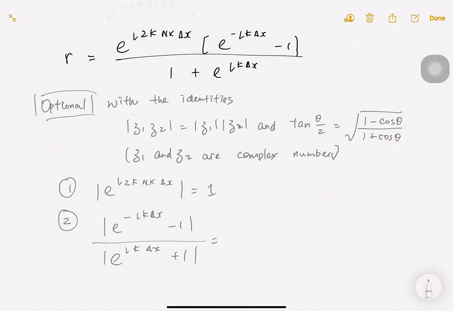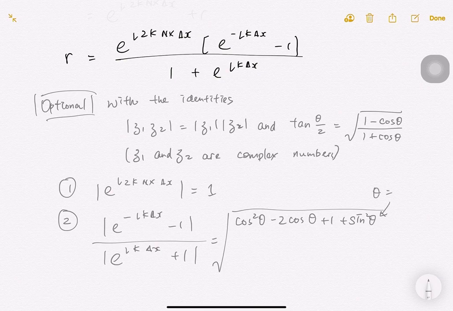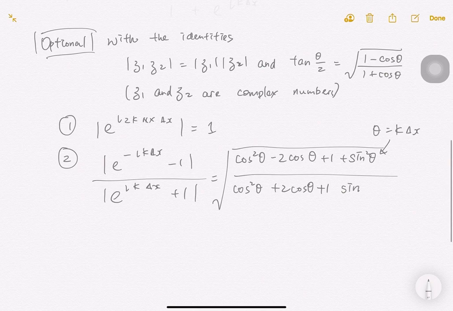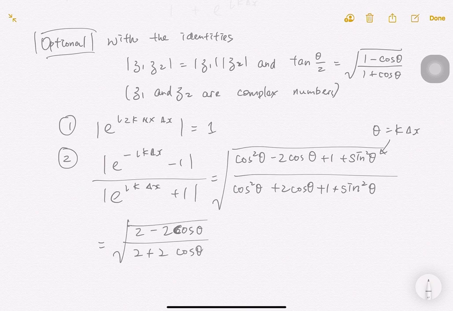We know that this equals, provided that theta equals k delta x, to sine theta over cosine squared theta plus 2 cosine theta plus 1 plus sine squared theta, and then, which equals tangent theta over 2, which equals tangent k delta x over 2.